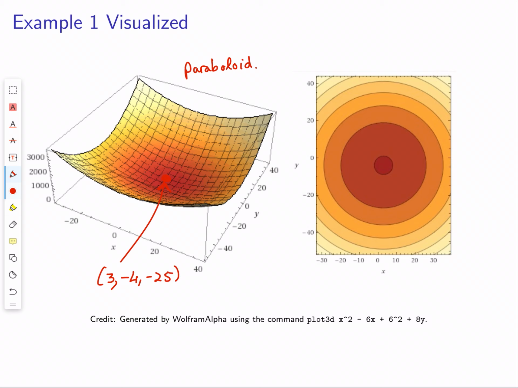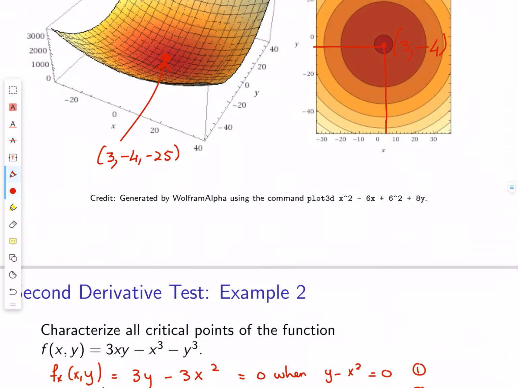Okay, and on the contour plot, you can see that the minimum is right there, and this is the point (3, -4). Oh, yeah, that's really hard to see, but hopefully you can see that. All right, good. So that was the first example.